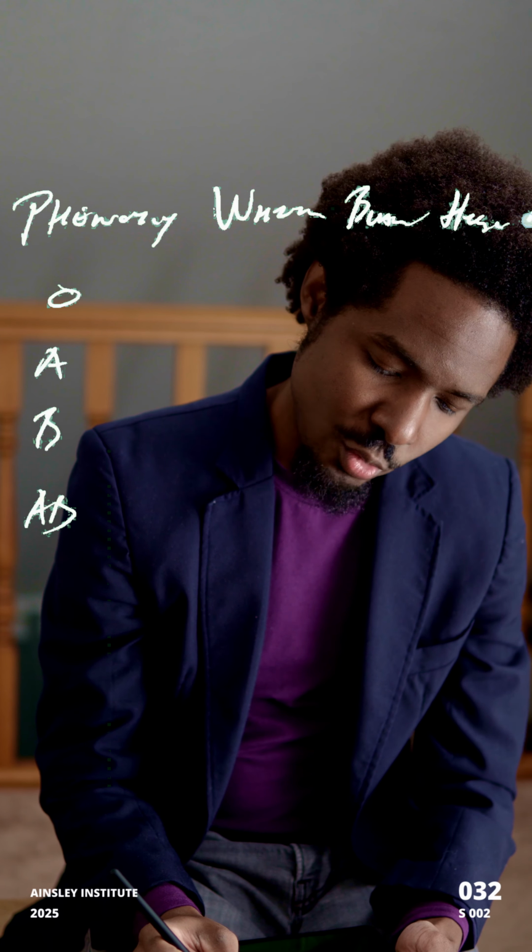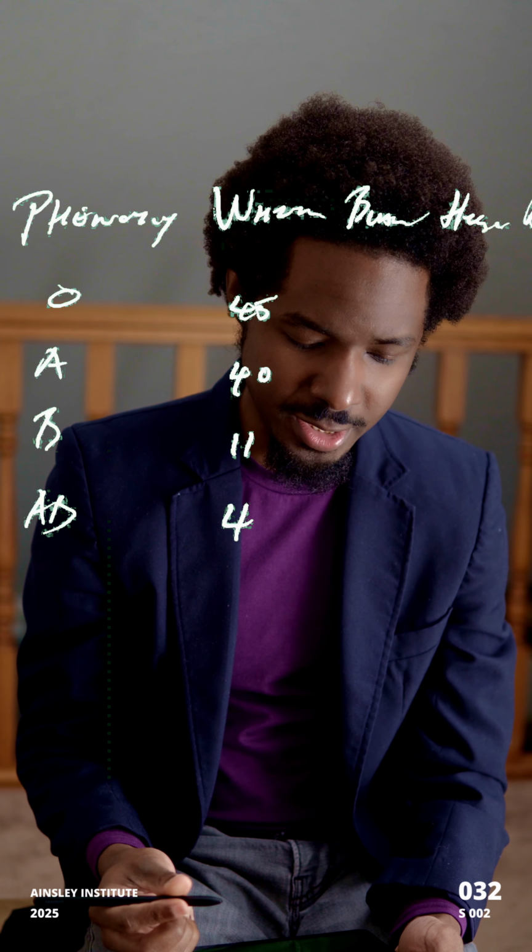We are observing that approximately 45% O exists in the white population. The white population, 40% A, then 11% B, 4% AB, right?